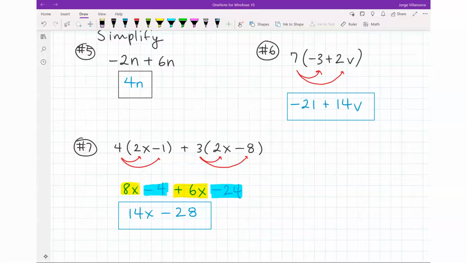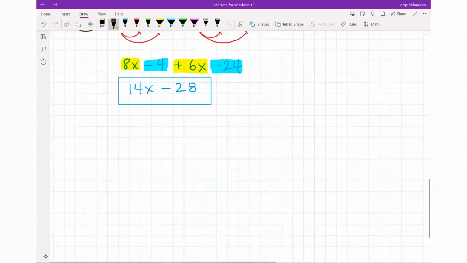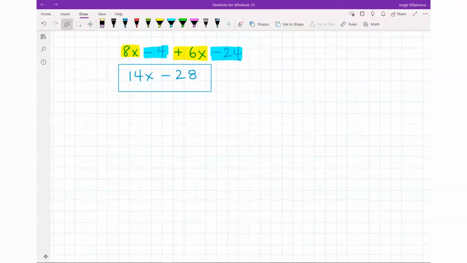So, all right, last set. This was all simplifying like terms, but if you guys remember, yesterday's lesson was about solving. So let's do a couple problems here for solving, and then we'll be done for the day. I'm going to put right here, solve.